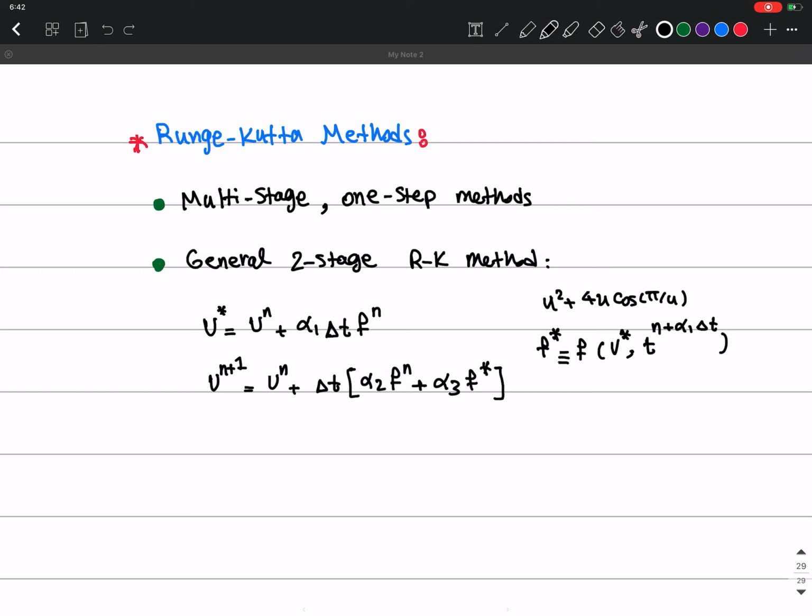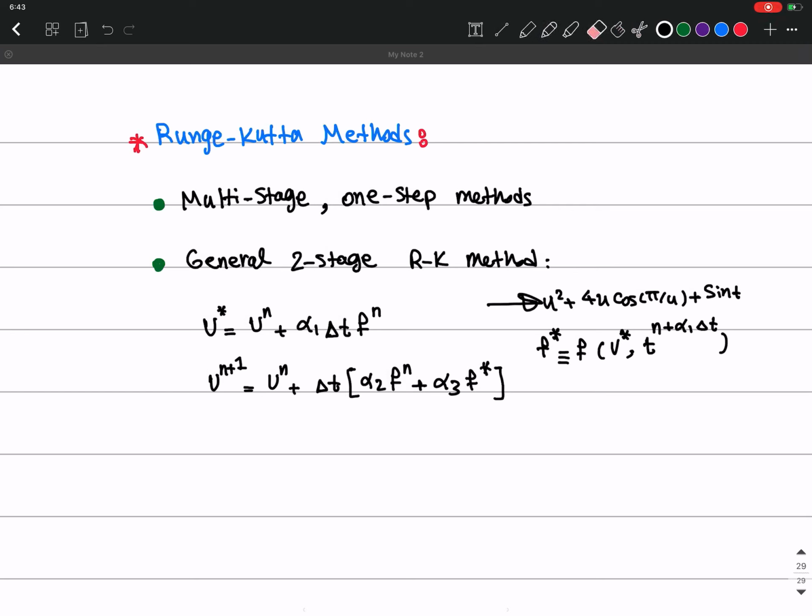You calculate U star, and for F star, instead of Un, which you used before for calculating Fn, you are going to use U star. And if you also have time t here, for example sine t, then instead of t you're going to put Tn plus alpha 1 delta t.